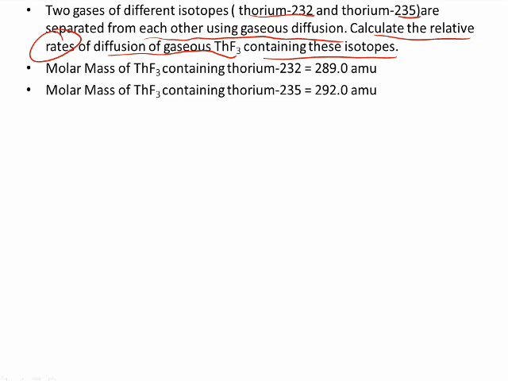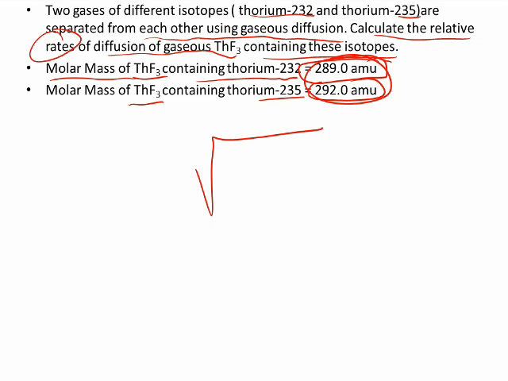The molar mass of thorium trifluoride containing thorium-232 is 289, and the molar mass of thorium trifluoride containing thorium-235 would be 292. We're looking at a ratio. Let's assign some values here. Let's say mass 1 equals 289 and mass 2 equals 292.